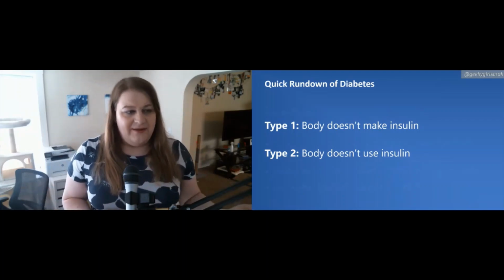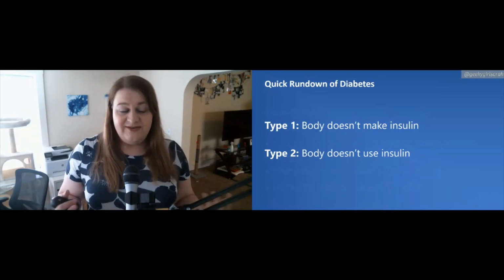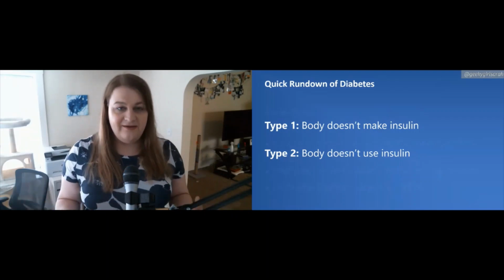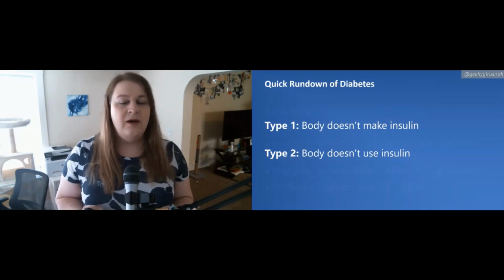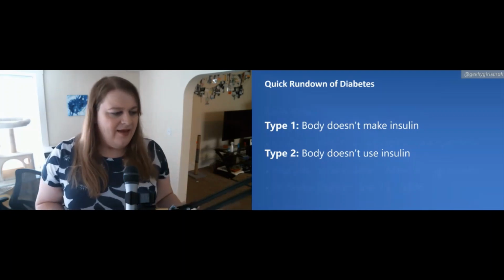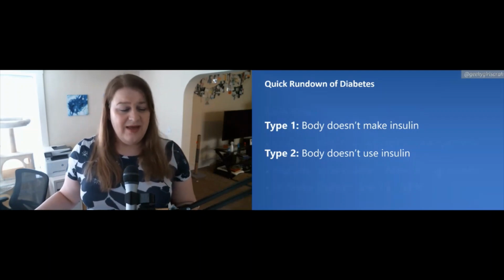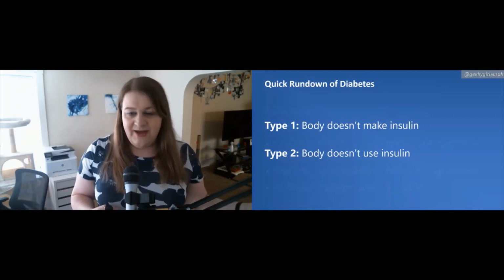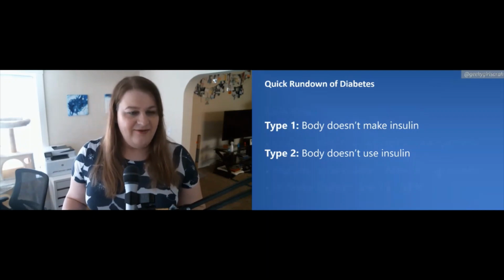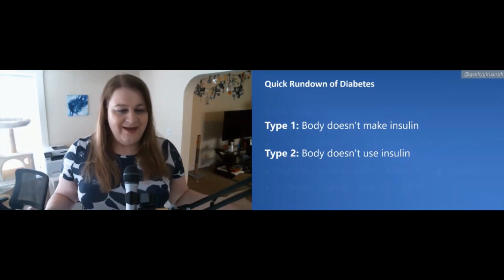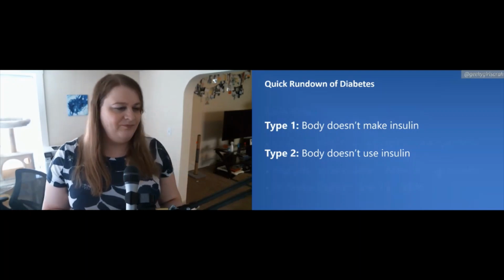There are other rare types too. Some people have heard of gestational, which is when a woman's pregnant and her body either doesn't respond to the insulin anymore or stops making it. I've heard this to be both temporary and permanent in people. A friend of mine here in Pittsburgh, where I live, very much became permanently diabetic after her child.